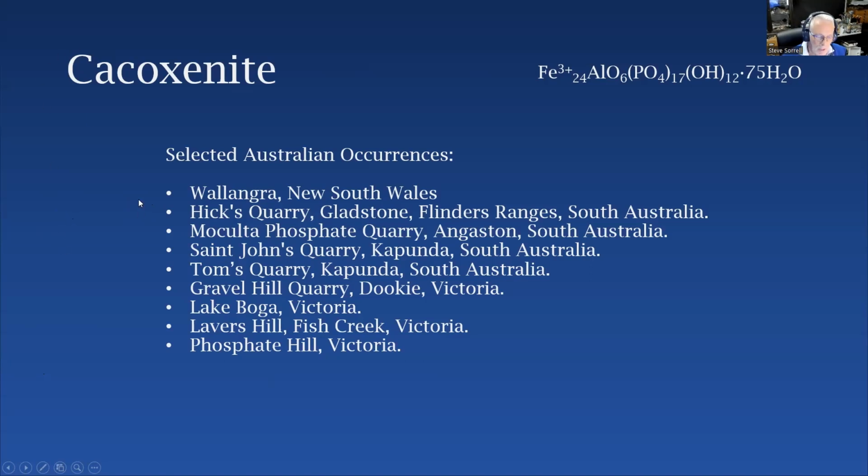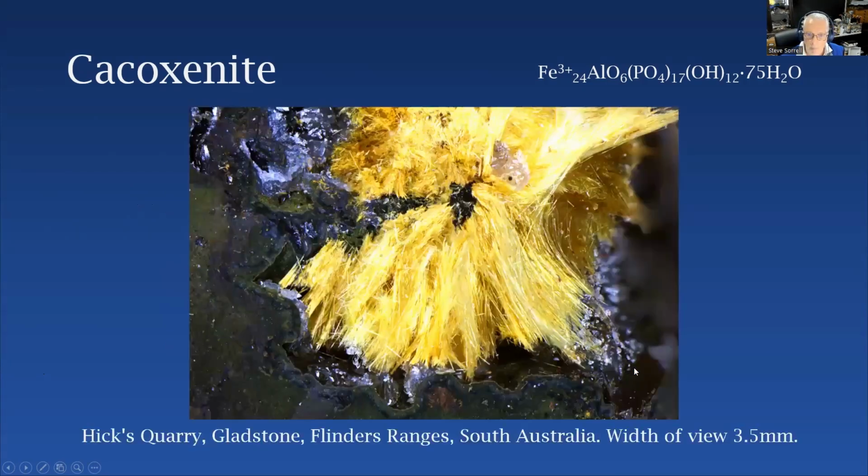So for Cacoxenite, we've got occurrences in New South Wales, South Australia, in Victoria, but particularly the South Australian ones. South Australia is best known for its phosphates. And then what we have is a few photos, one or more photos of the species.